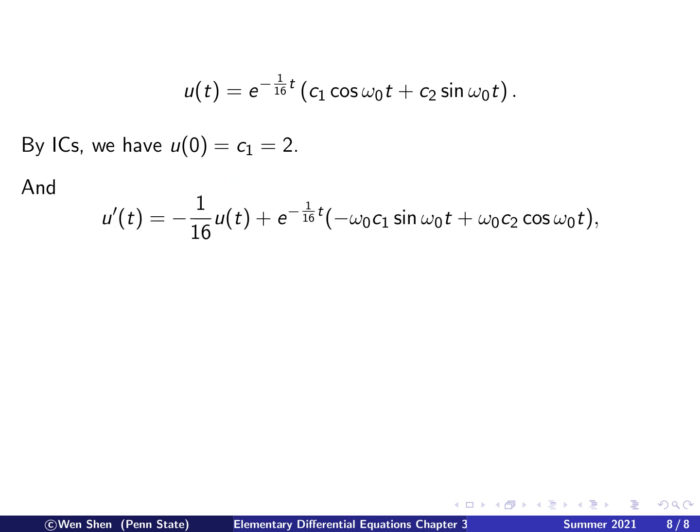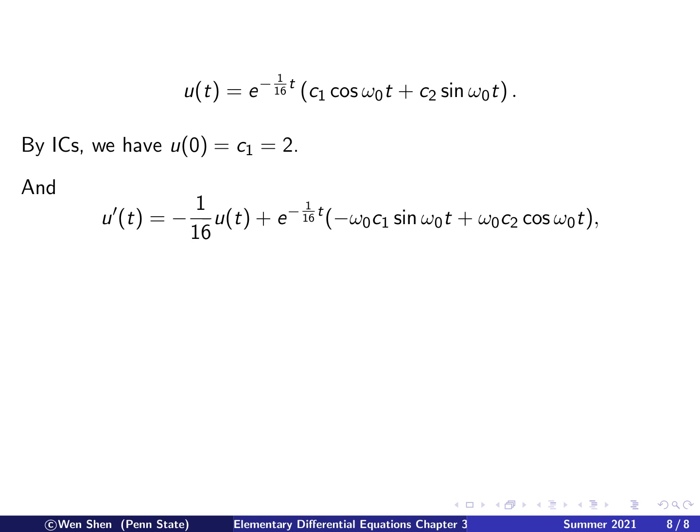The second initial condition involves the derivative. Okay, so let's first write out the derivative. So it's a product, this exponential function times the sine and cosine. If we differentiate the exponential function first, we get a factor of -1/16 in the front, and the rest remains the same, so it's u(t) here.